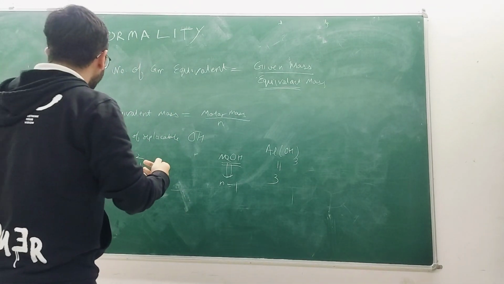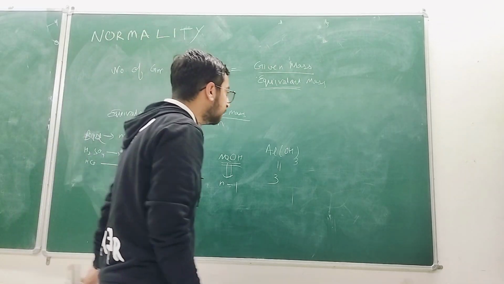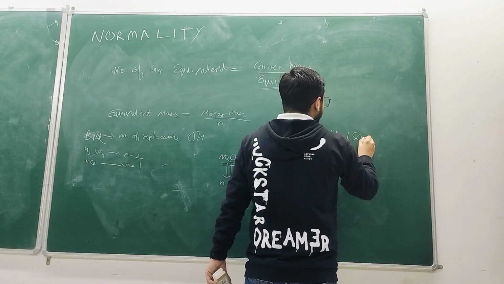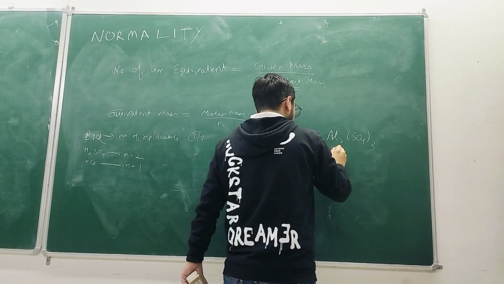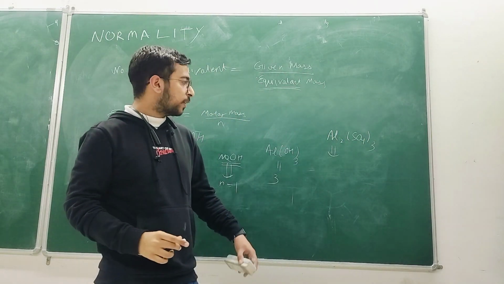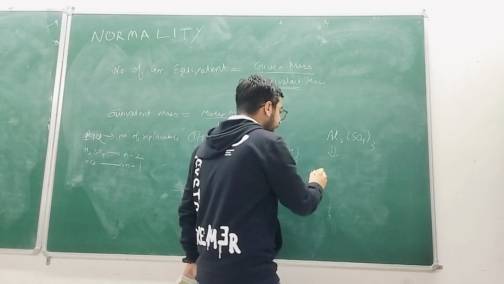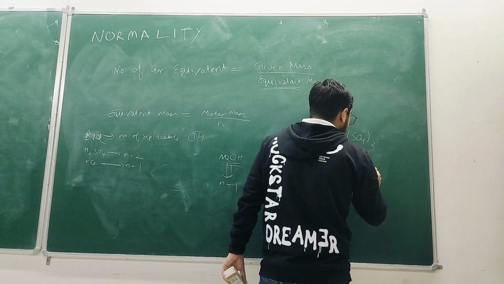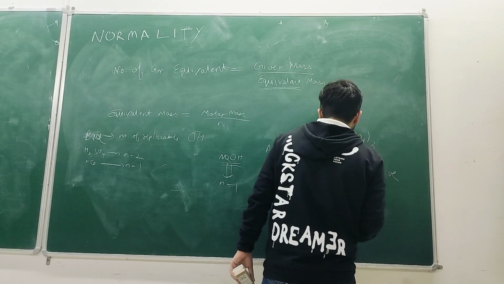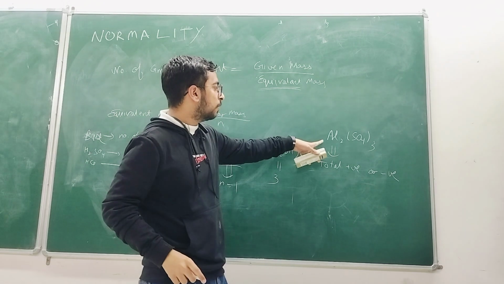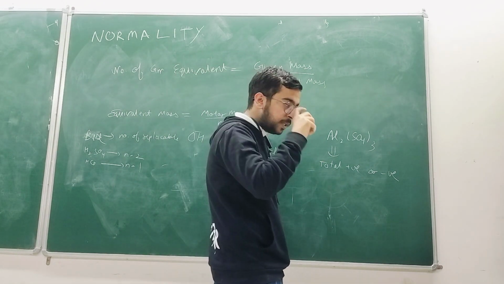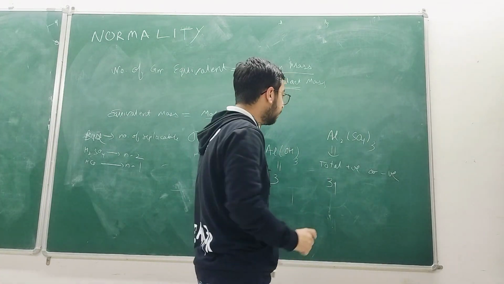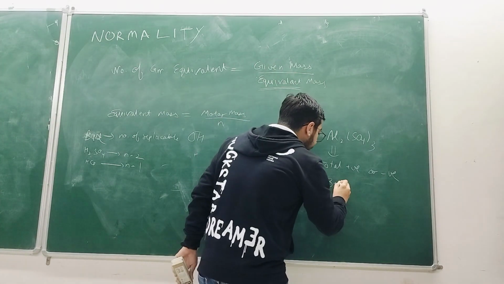Now let me form a salt from H2SO4 and Al(OH)3, which is Al2(SO4)3. For salts, valency factor can also be found very easily. It is defined as the total positive or negative charge. Al exists in 3 plus form, so 1 Al has 3 plus charge, and here there are 2 Al ions.